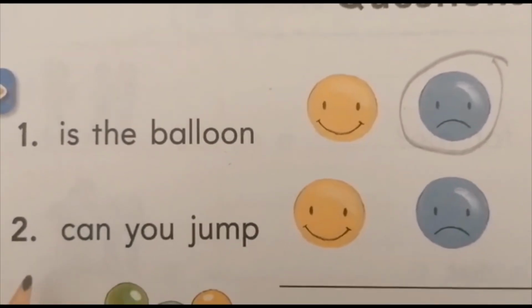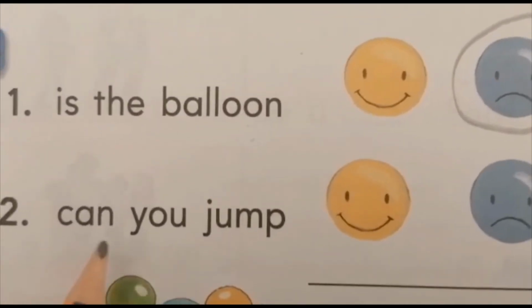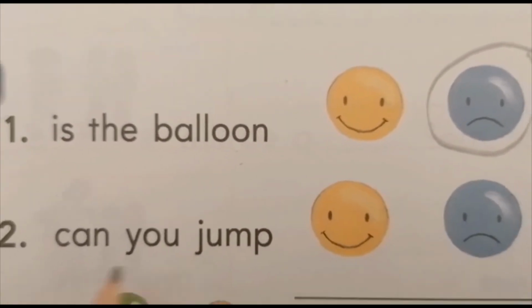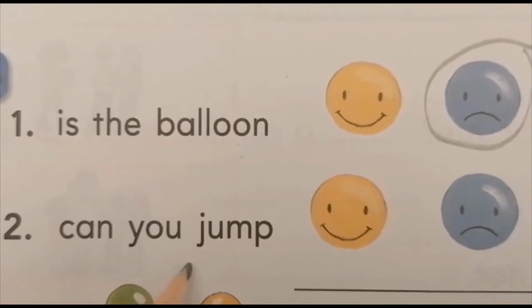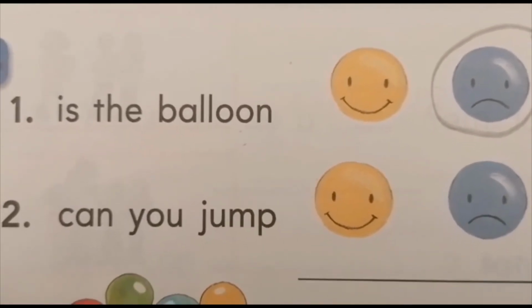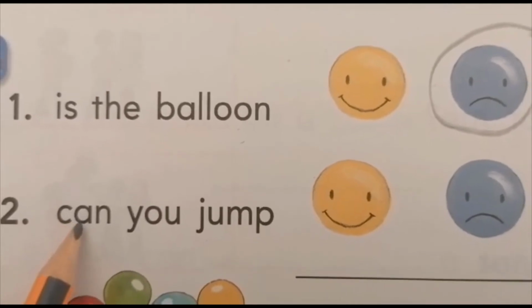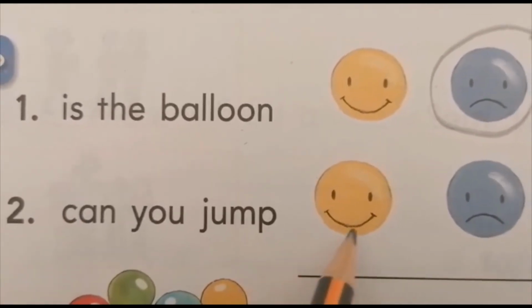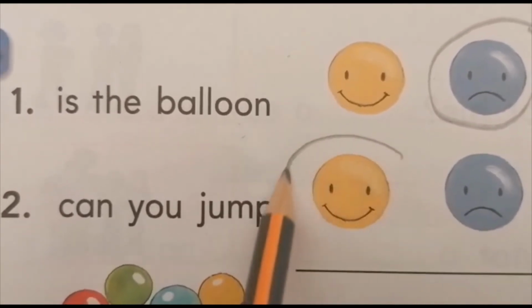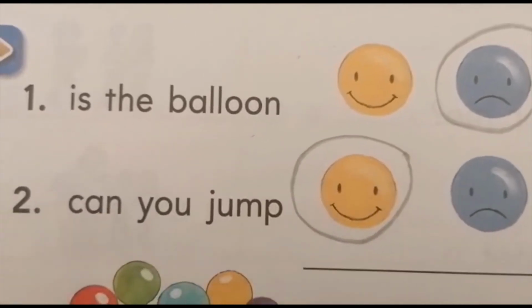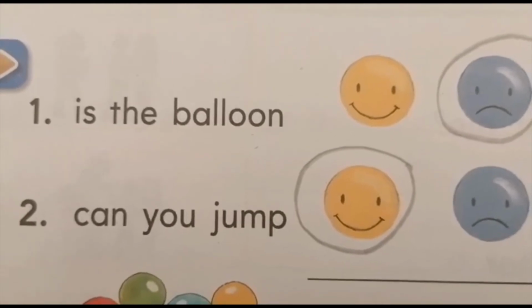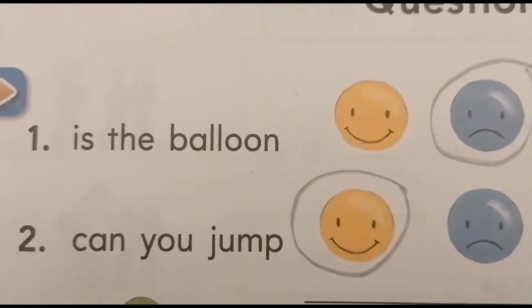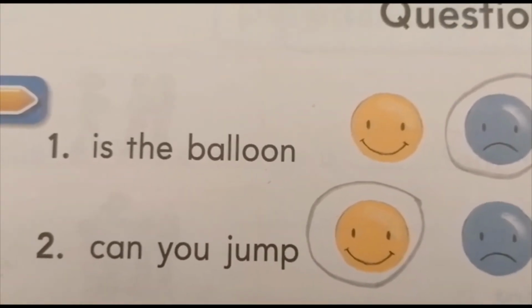Let's get number 2. Can you jump? Is this a question? Yes. Am I asking you something? Yes. So it is a question. We will circle the happy face. But we need to make it into a correct question. What did we say questions start with?